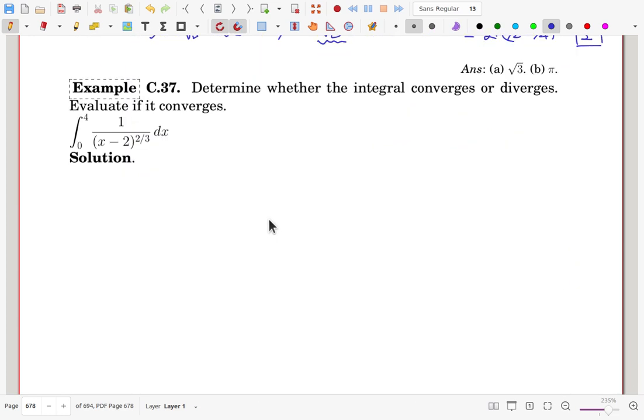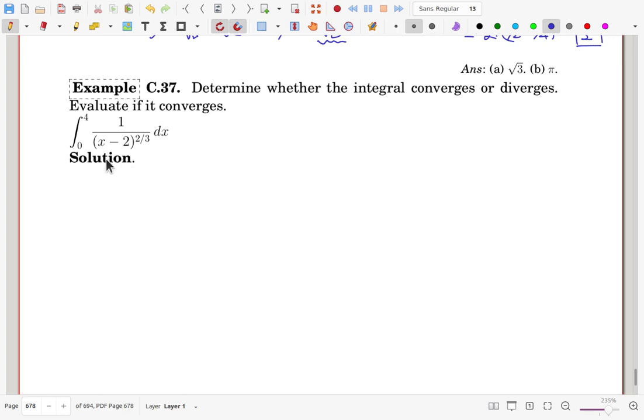Determine whether the integral converges or diverges. For this one, you can get that quite easily.